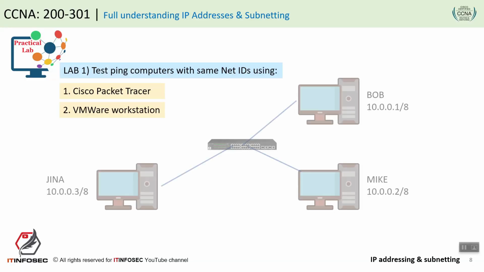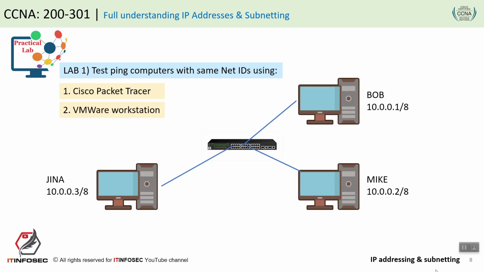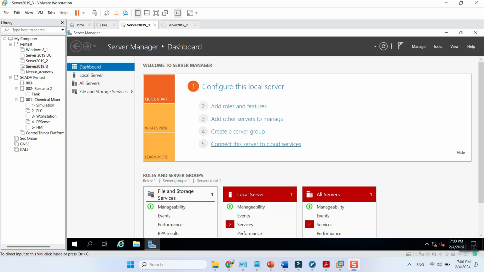Now it's over, and we are going to check VMware Workstation for simulating computers together. Okay, dear friends, this is VMware Workstation Pro that simulates many operating systems such as Windows, Linux, Mac OS, and so on.